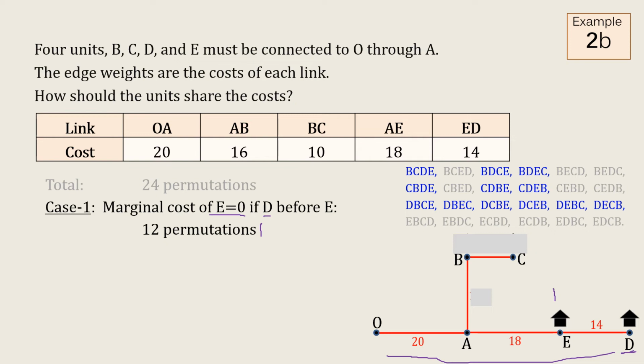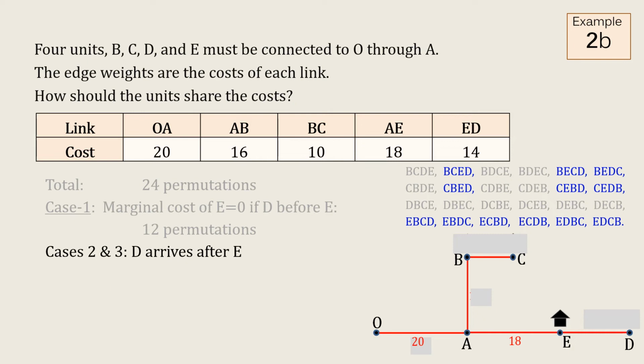Now we'll consider the opposite situation where D arrives after E. When D arrives after E, we don't even care for the cost of this link because D arrives after E and E doesn't require this link.